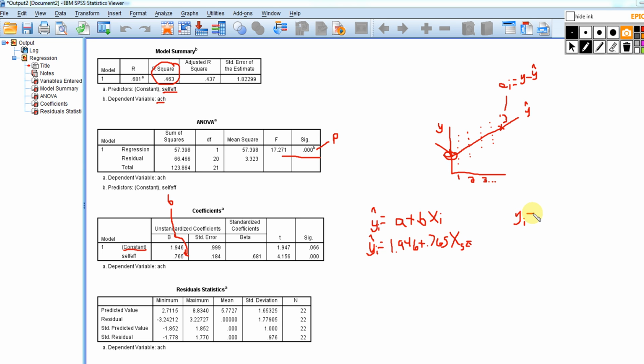So actually, it's a plus b x, a little subscript i here, plus that person's residual error, which is just the difference between that person's actual score and predicted score. So you could break down that person's actual score on y into these three components right here. And in the prediction equation, you do not have the residual, because the line is actually what is predicted based on the model.